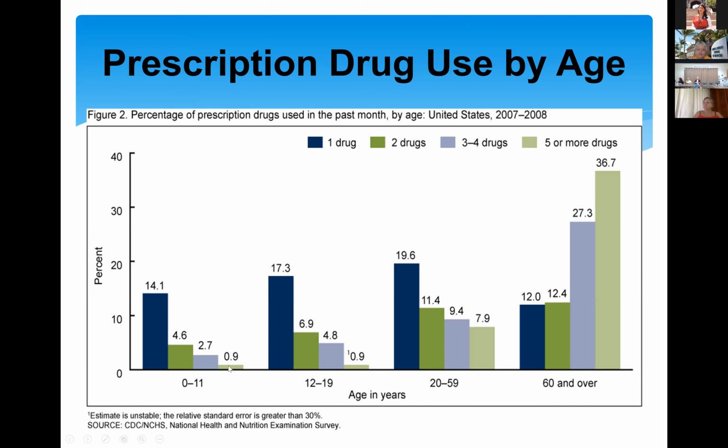So I want you to focus on this light green bar. You can see among the younger age groups, there are not too many people who have multiple medications. But once we get to people over the age of 60, over 1/3, 36.7% of people are taking 5 or more medications. So you can see this problem of polypharmacy, taking multiple drugs, is mostly seen in older people.